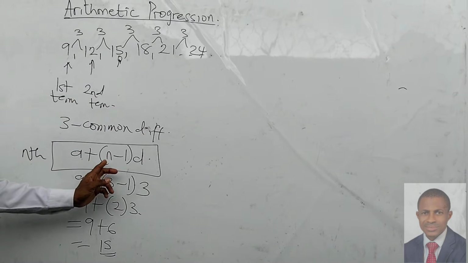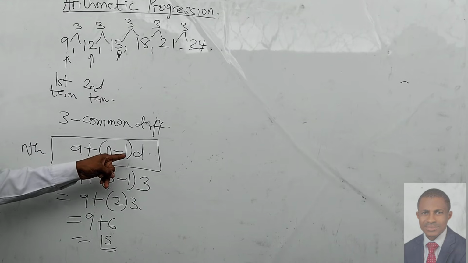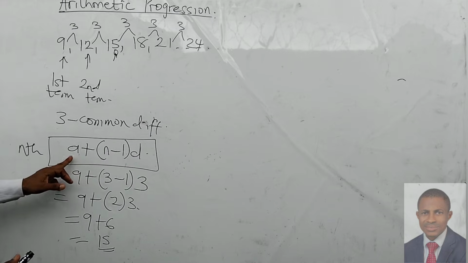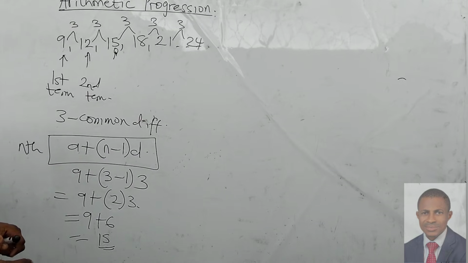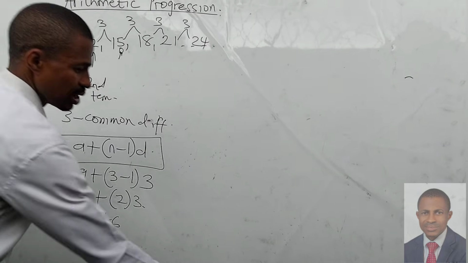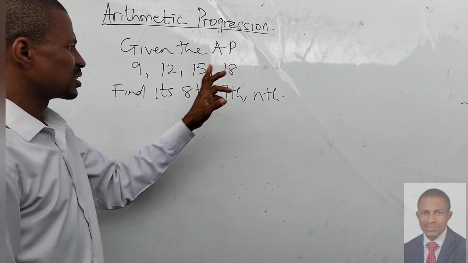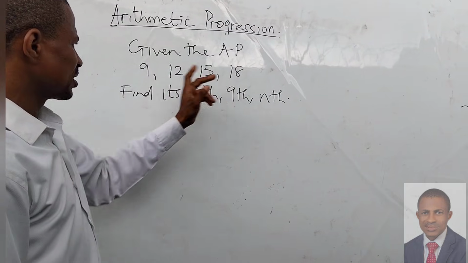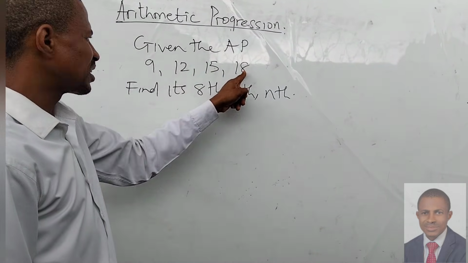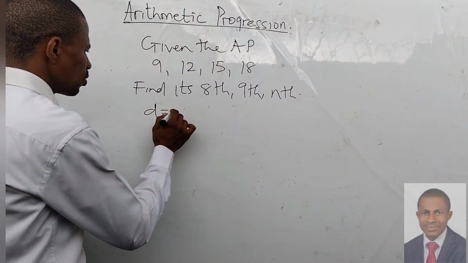If we are looking for the 100th term, we'll just put 100 here minus 1, and as long as we have a common difference and the first term, we'll be able to get any term we want. Let's look at it. We're given an arithmetic progression of 9, 12, 15, 18. The common difference here is 3. The difference between 9 and 12 is 3, between 12 and 15 is 3, between 15 and 18 is 3. So we have a common difference, d, of 3.